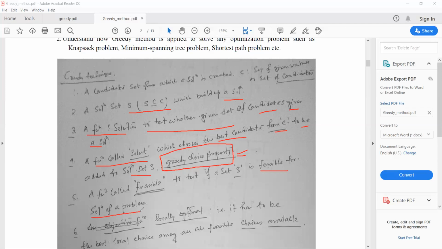Locally optimized means it has to be the best local choice among all the feasible choices available. This is another most important point. The problem should be locally optimized, which means that whatever choice of solution you make from the set of candidates, it will be locally optimal to get the solution.